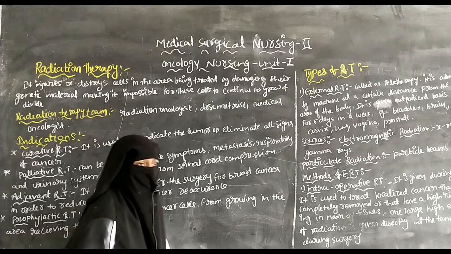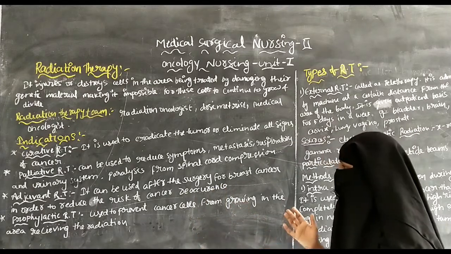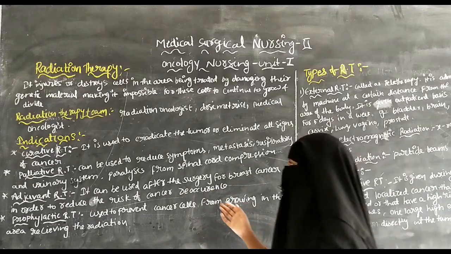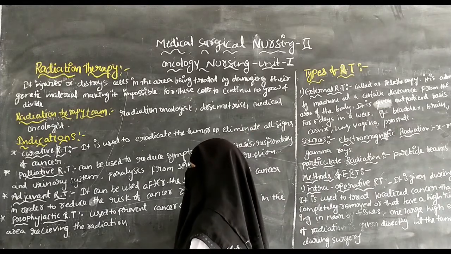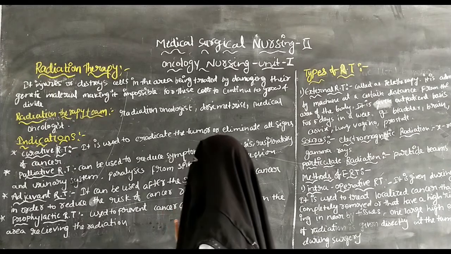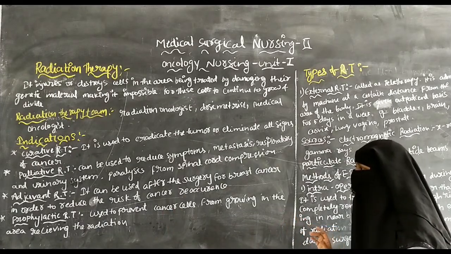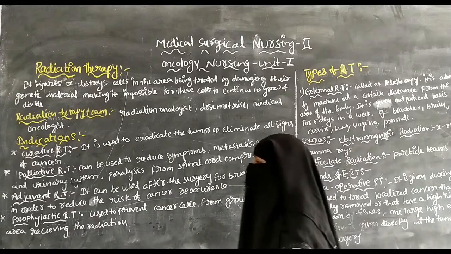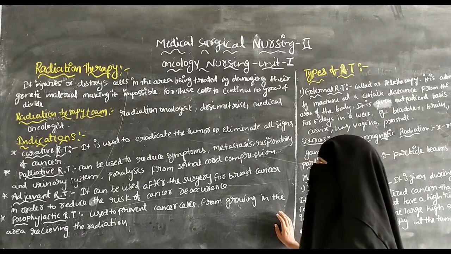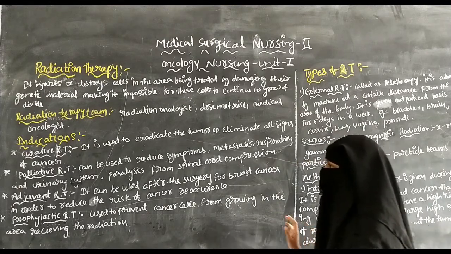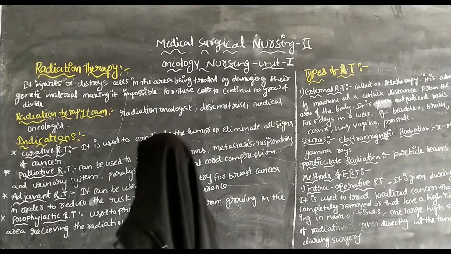The main goal is to eradicate the tumor cells, reduce the cancer cells and eliminate all signs of the cancer. So all the signs of cancer can be decreased, and the tumor cells can be eradicated by curative radiation therapy. Next is palliative radiation therapy.